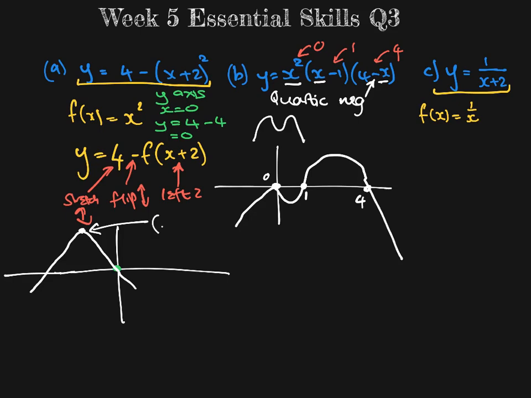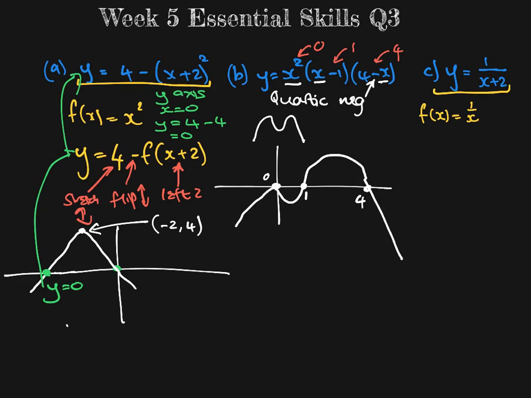So that's minus 2, 4, goes through the origin, and then the other point that it goes through, here, is when y is 0, so we can put that back into the equation form, which is up here, and see what we get for x.